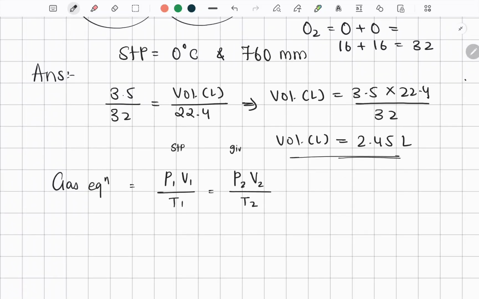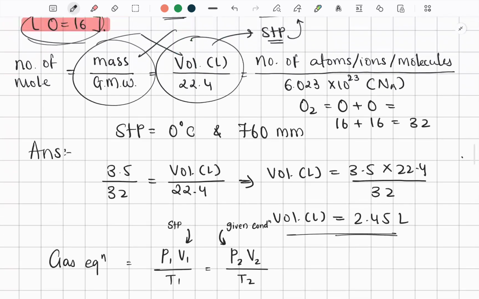So let's divide these into two parts. The P1, V1 and T1 are gonna be the pressure, volume and temperature at STP, and P2, V2 and T2 are gonna be the pressure, volume and temperature at given condition, which is 740 millimeter pressure and 27 degree Celsius.